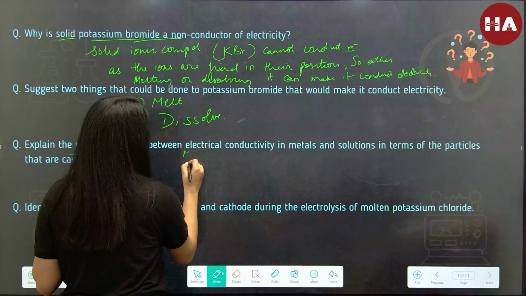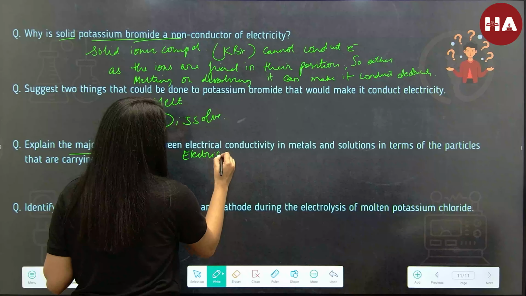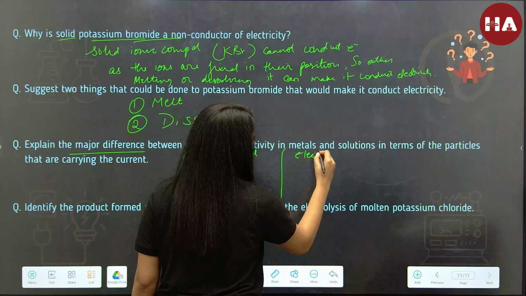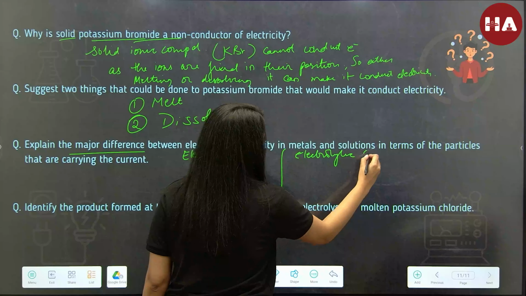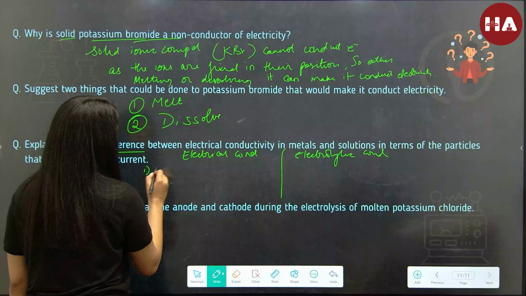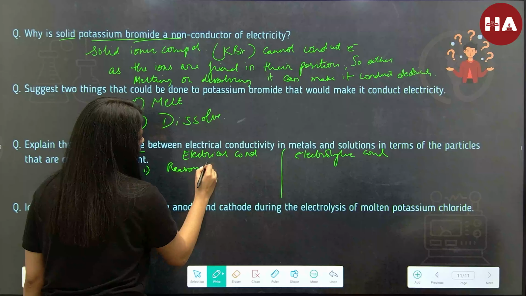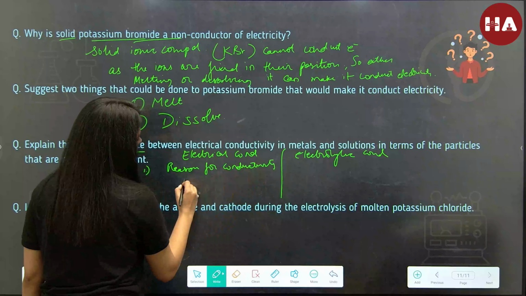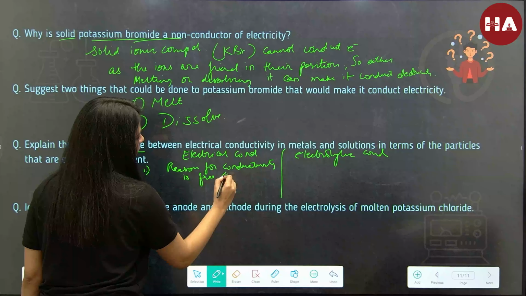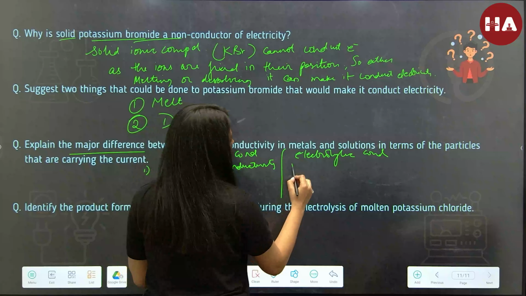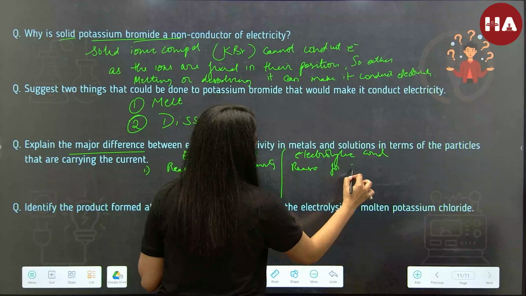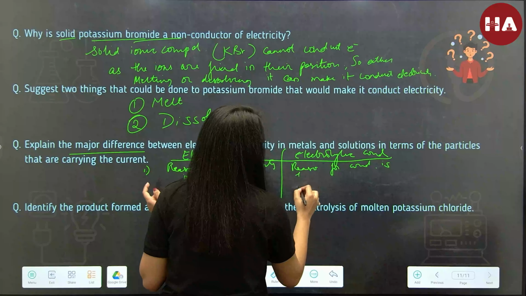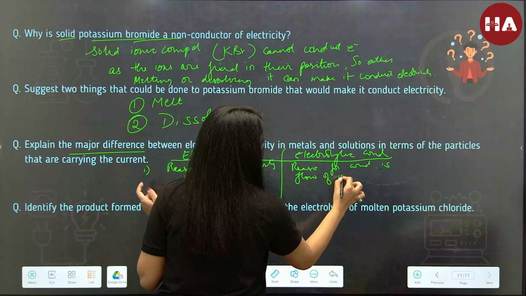Okay, so electrical conductivity, and this side I am writing electrolytic conductivity. The first point can be the reason. Reason for conductivity is free electrons. And here we can write reason for conductivity is flow of ions, right?